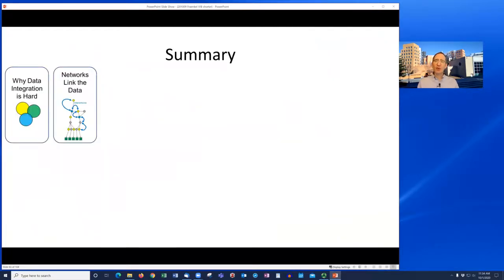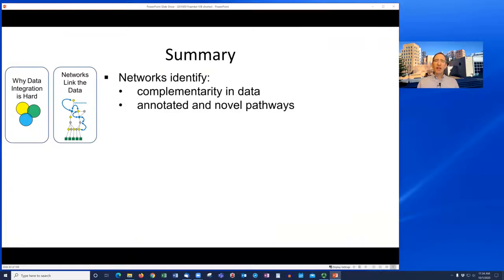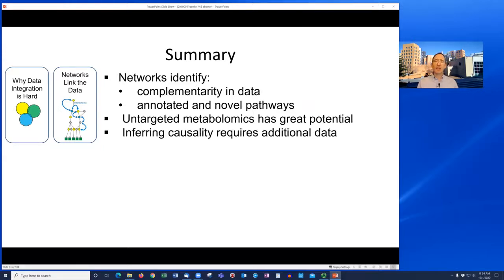So just to quickly summarize what I hope I've told you today, we believe that networks play an important role in trying to find complementarity in data sets and going beyond simple annotation-based approaches. And they're quite powerful in interpreting cases where you have small numbers of patients and also interpreting data that historically have been very hard to make sense of, like untargeted metabolomics. But they're not enough. We're not just a one technology lab. We believe that there are a lot of other things that have to come into play.